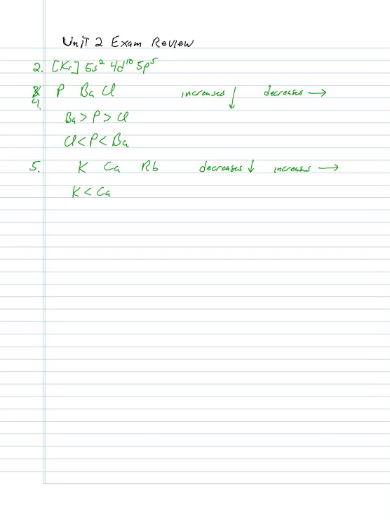Since it's down below, it's going to be lower than potassium. So rubidium is less than potassium, which is less than calcium, and it wants an increasing order, and that's how we have it. So that order is going to be E for number 5.